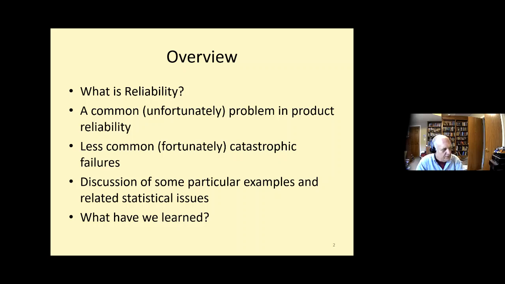These are the kinds of things that we want to avoid because of the difficulties that they cause. Then I'm going to go through 5 particular examples that are well documented in the literature, and as I mentioned, in a couple of the examples, I was involved in the aftermath of trying to track down what happened, and what could be done to prevent these problems in the future. And then I'll end with some concluding remarks indicating what we've learned from this.